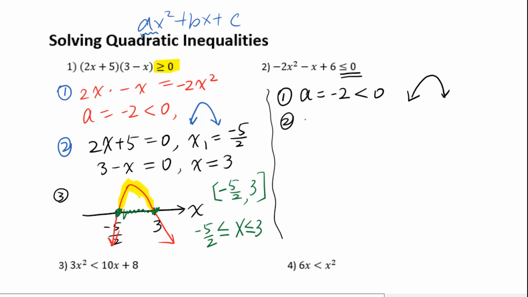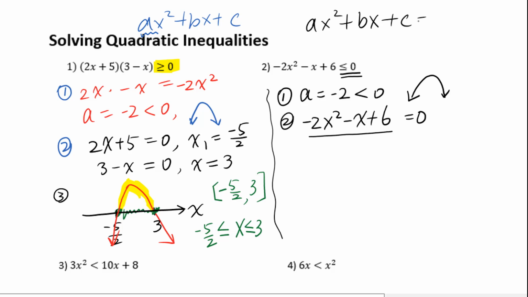Second, we need to solve negative 2x squared minus x plus 6 equals 0. Since we want to use linear x, make sure the a in ax squared must be positive so that you can use linear x. So we divide both sides by -1.